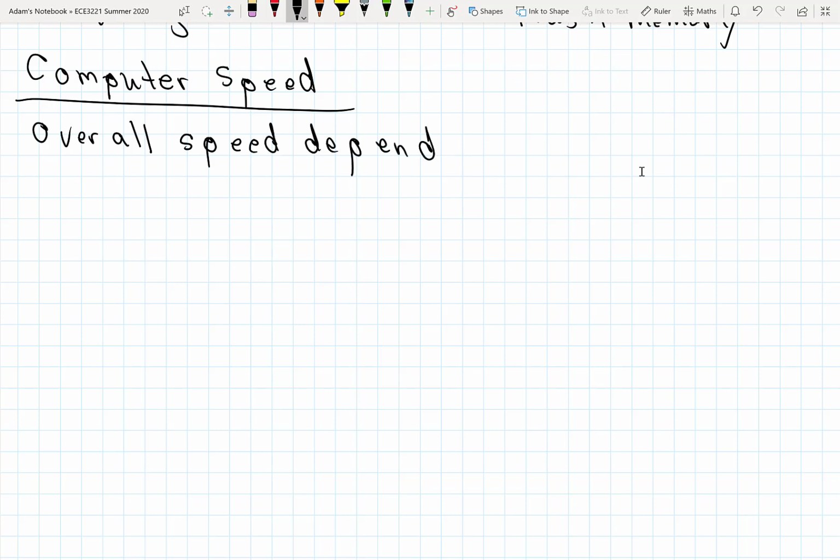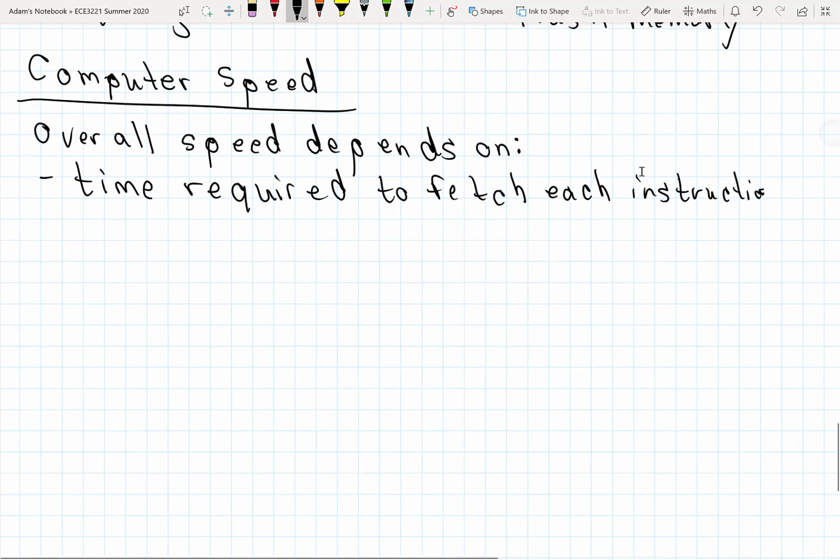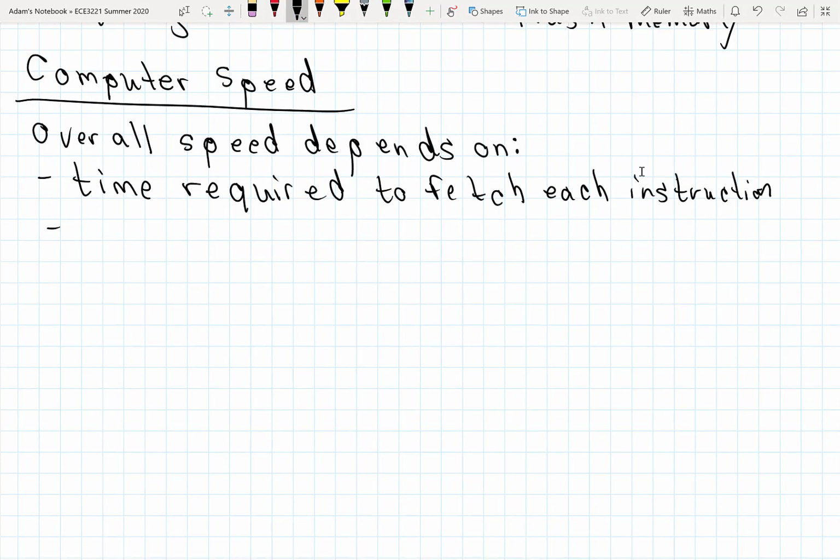So the overall speed of our computer depends on two things when we look at it at a first glance: the time required to fetch each instruction and the time required to execute each instruction.